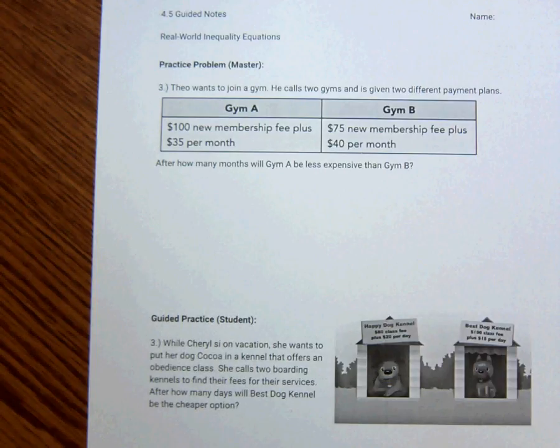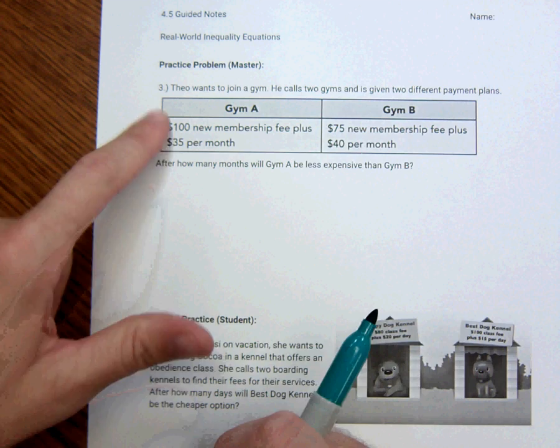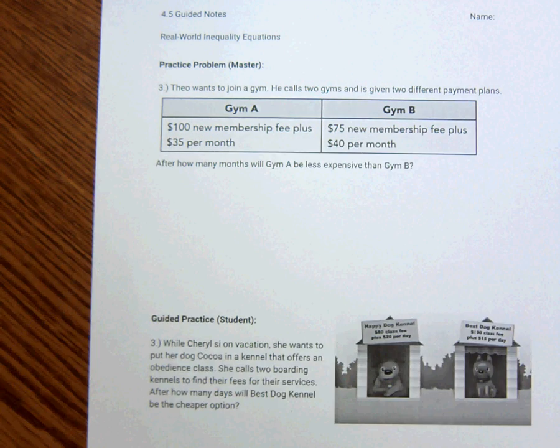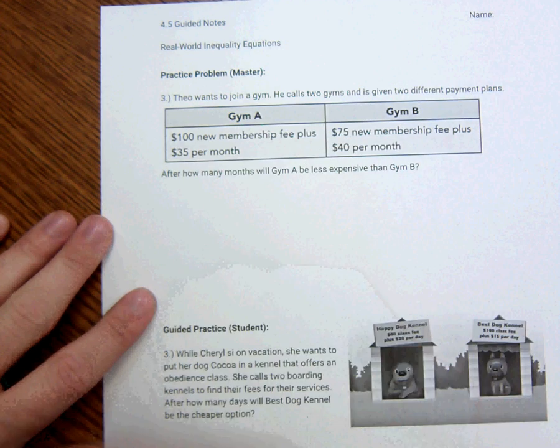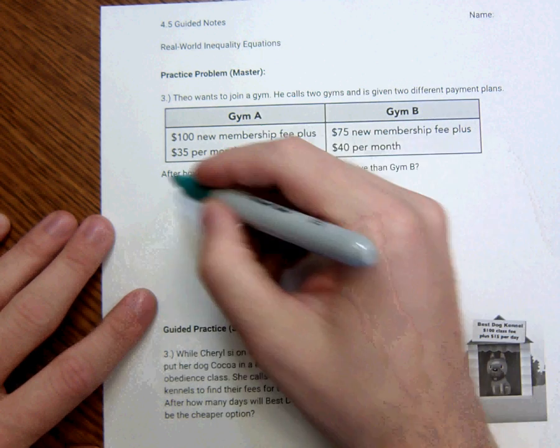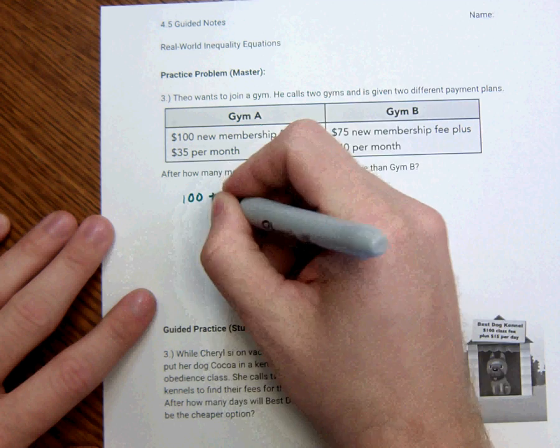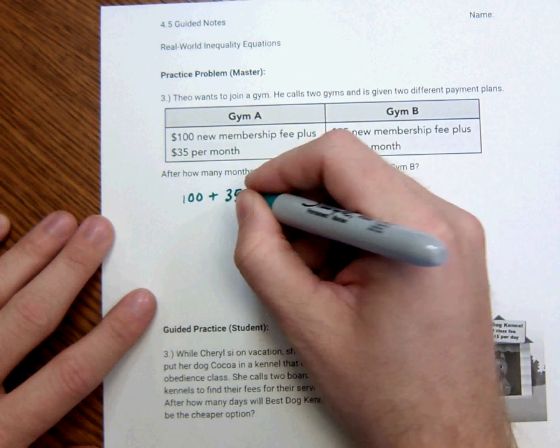So he wants to know if it's worth it. Well, maybe I just want to lose 5 pounds. I'm going to be at the gym for 2 months. Is it worth it to pay more for the new membership fee over here, or should I just go to Gym B? So Gym A is $100 to get in, plus $35 per month.